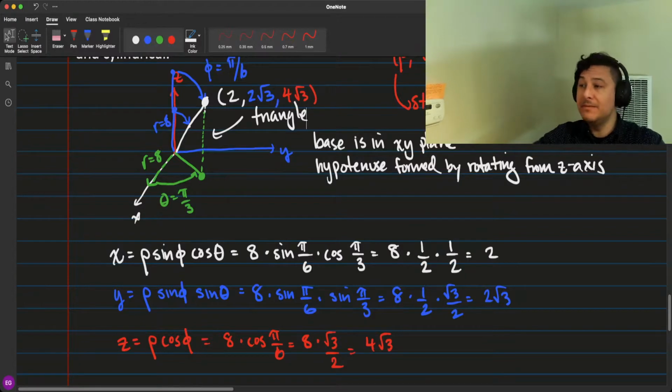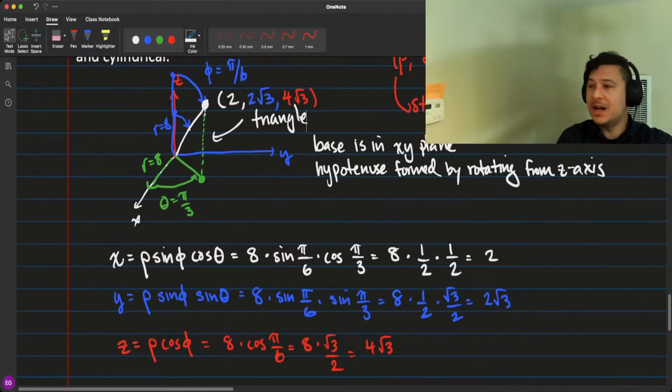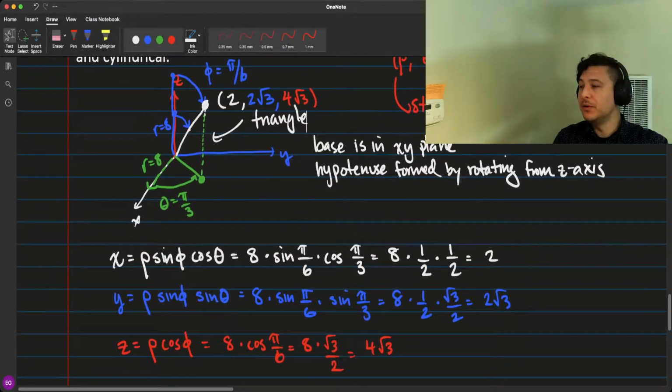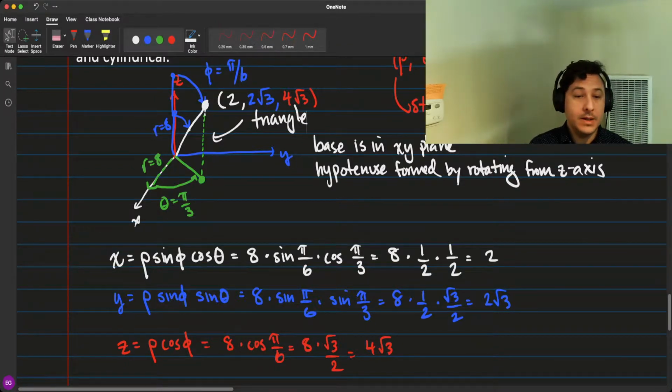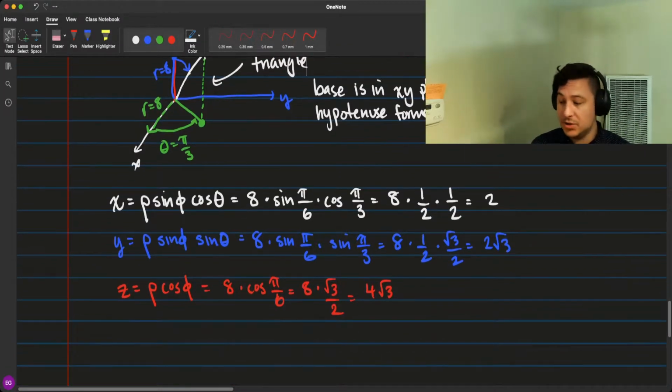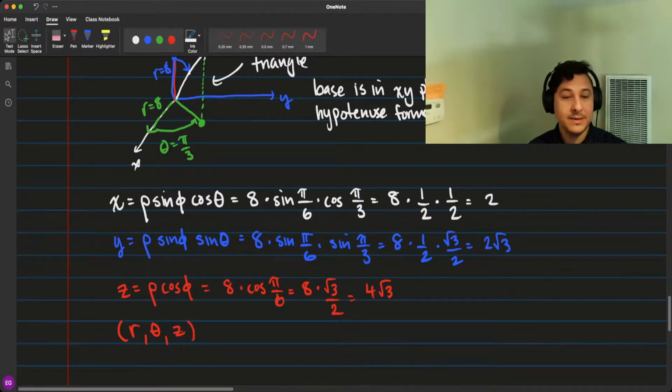Let's convert from spherical to cylindrical. Luckily, we've done most of the work, and you can just look at the picture. Remember, for cylindrical, you have r, theta, and z.